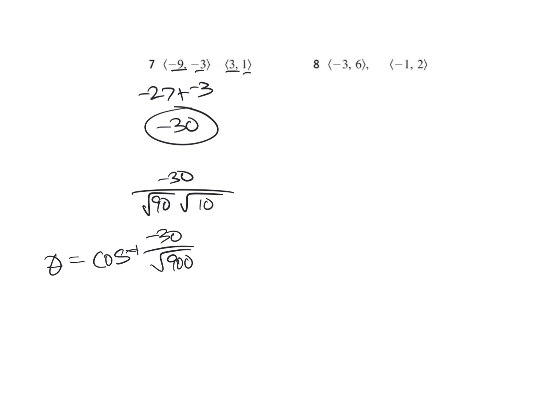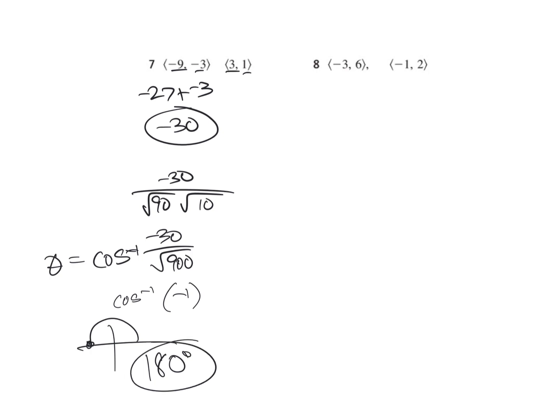Negative 30 divided by the square root of 900 gives me negative 1. So the arc cosine of negative 1 is going to be 180 degrees, which makes sense. When is x negative 1 on the unit circle? At 180 degrees. So that's 180 degrees. So these two vectors are parallel.